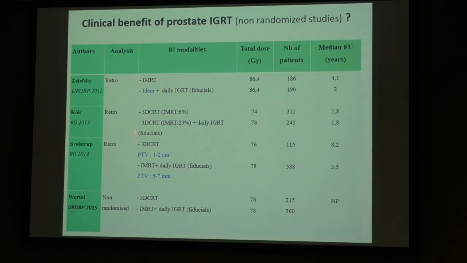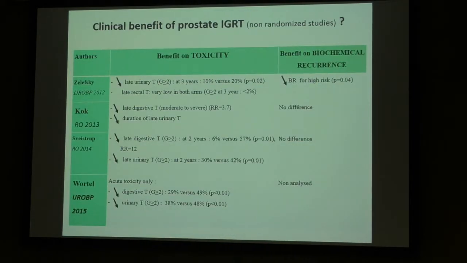Several of them are retrospective, again, no randomized studies. What all these studies show is that IGRT in prostate truly decreases the risk of both acute and late urinary and digestive toxicity. That's why IGRT has become a standard combined with IMRT in prostate cancer radiotherapy.